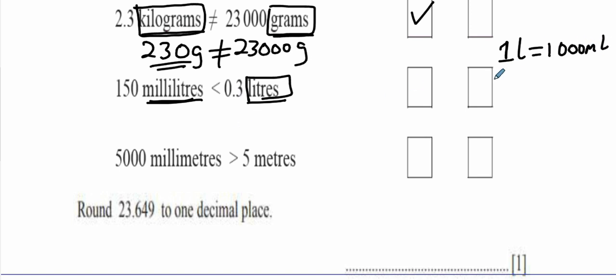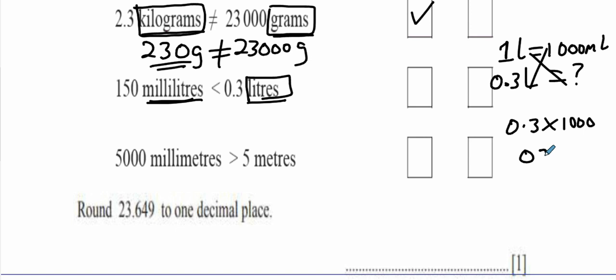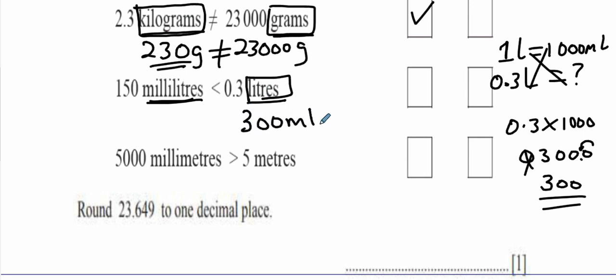How about 0.3 liters? It will be equal to how much? You multiply 0.3 multiplied by 1000. This will be 0.3000. One decimal place, you have 300. Now 0.3 liters is equivalent to 300 milliliters.